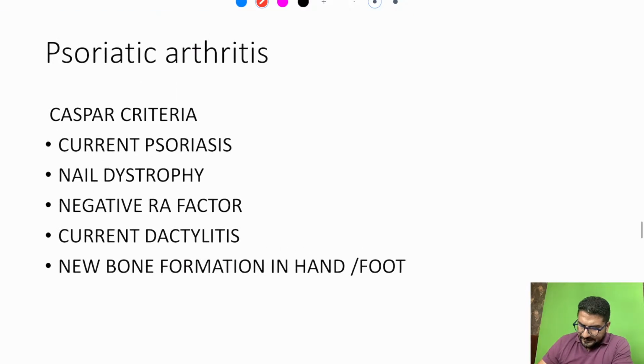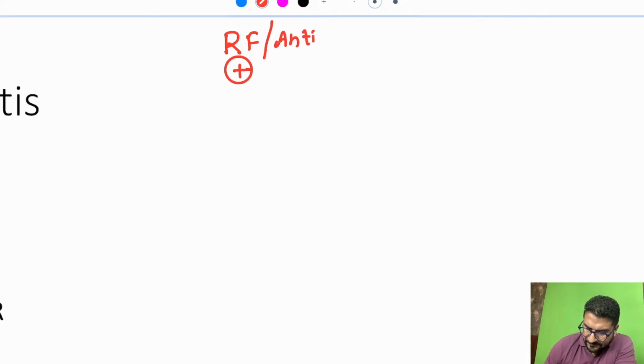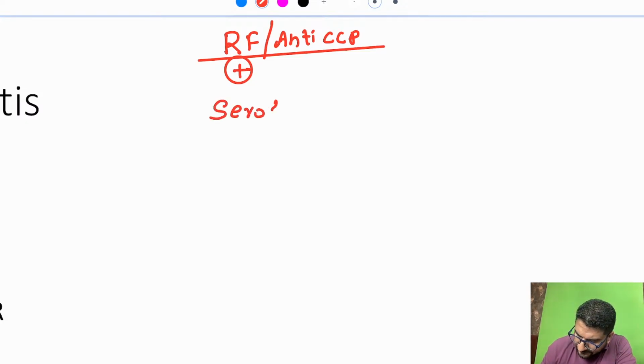Okay, moving to the next condition, we call this psoriatic arthritis. So first, understand this a little, just try to understand this thing. Suppose in any arthritis, rheumatoid factor is positive, or if rheumatoid factor is not positive, then anti-CCP is positive. If either of these two is positive, if rheumatoid factor or anti-CCP, meaning anti-cyclic citrullinated peptide, is positive, then this type of arthritis is called seropositive arthritis.